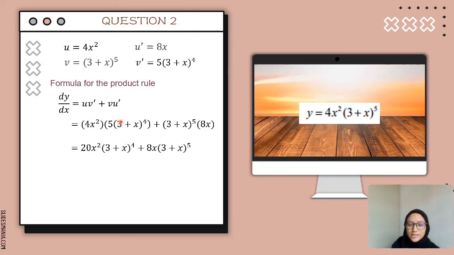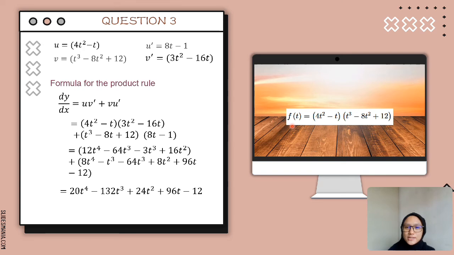So we expand the bracket and we get 20x squared bracket 3 plus x to the power of 4 plus 8x multiplied with bracket 3 plus x to the power of 5.